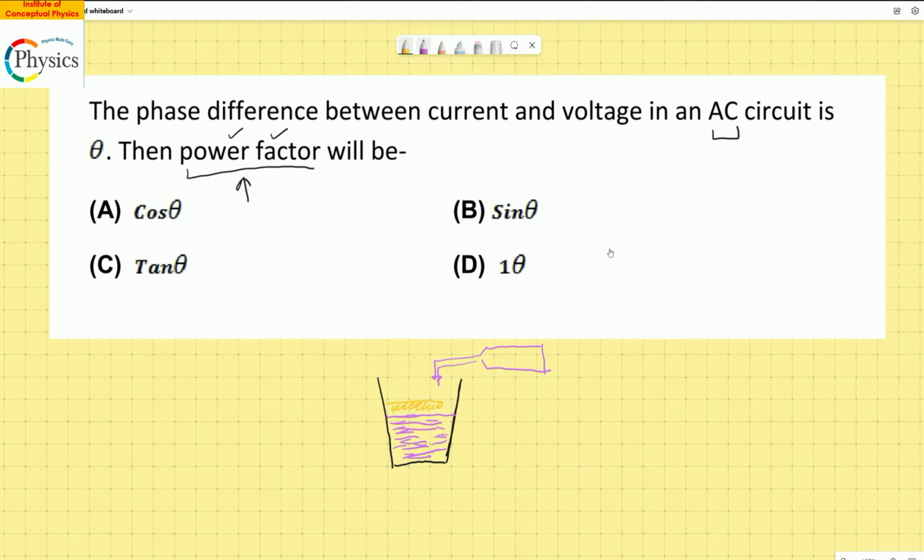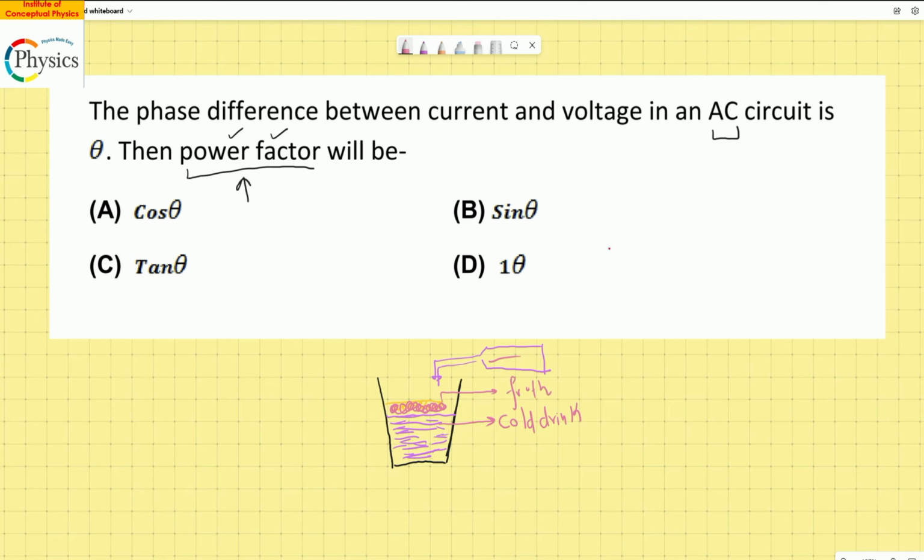The froth is the upper layer, with a lot of bubbles in it. So let me change the color. This is the cold drink which you had poured from here. The lower part is your cold drink, and the upper part is the froth.